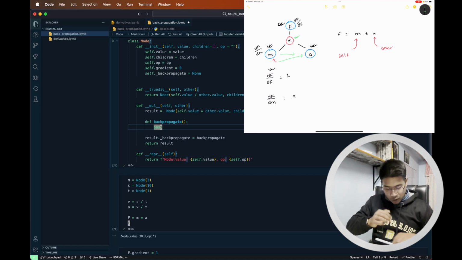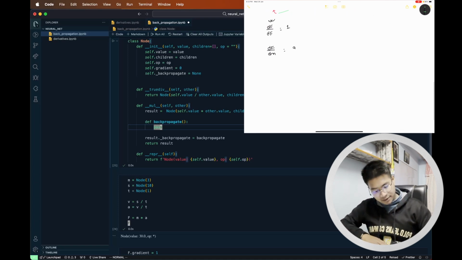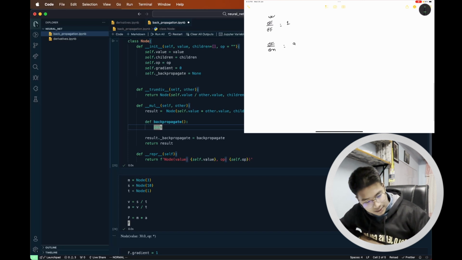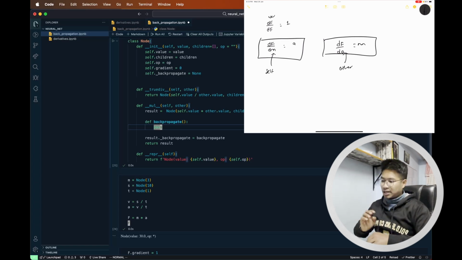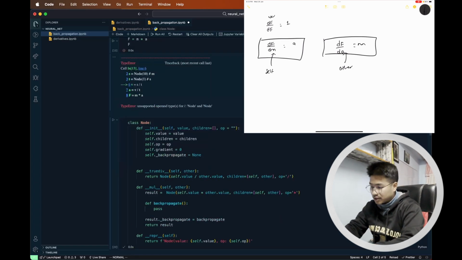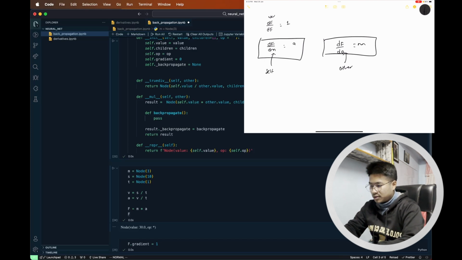So let's look at what that should be like. The first thing I need to do is df by dm. If you remember, m over here is the self guy, and I need to find out df by da, which is m. dA over here is the other thing. So what I should be doing inside this function is something like self dot gradient.